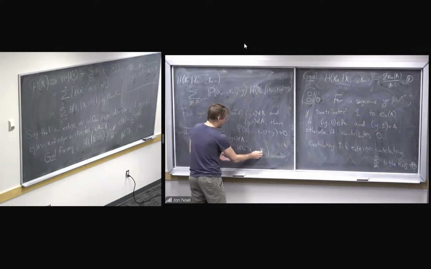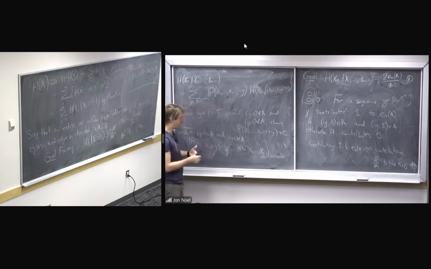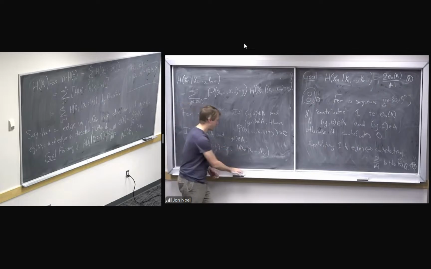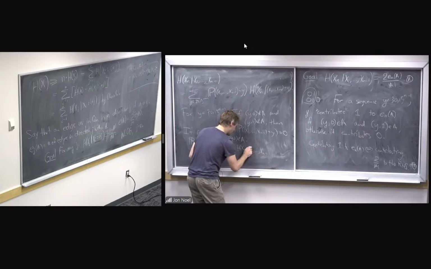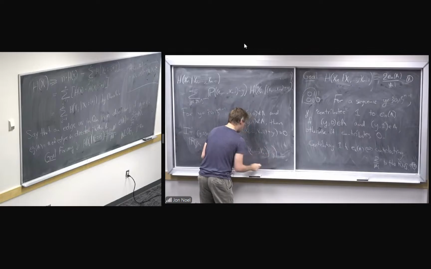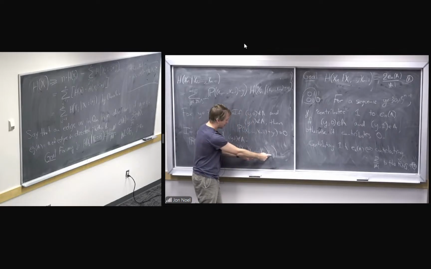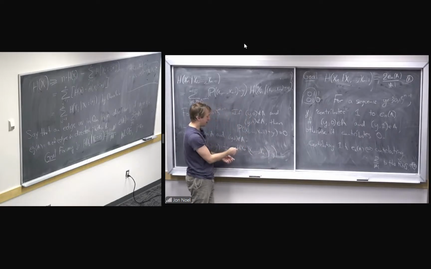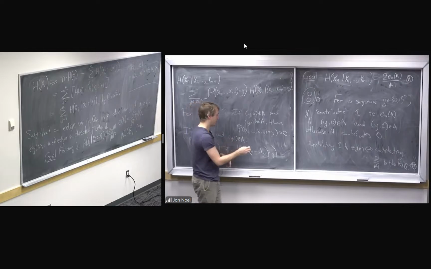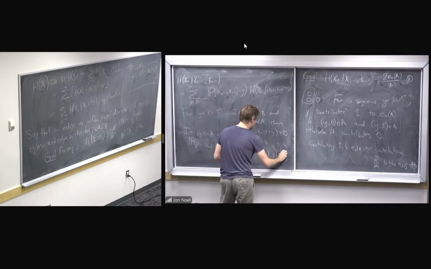If you want a formula that tells you that, think about the range of this. Sorry, this should be equals y. If I fix that this is equal to y, then xn is a variable with a range of size 1. And so the entropy is log base 2 of 1, which is 0.